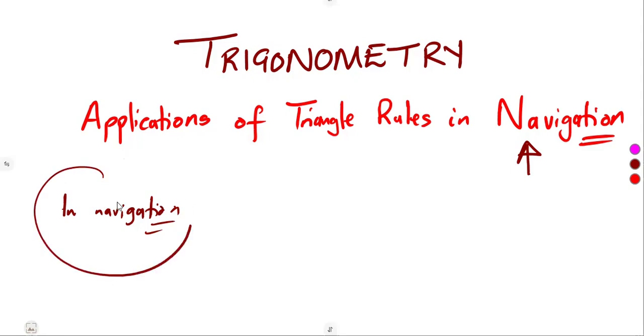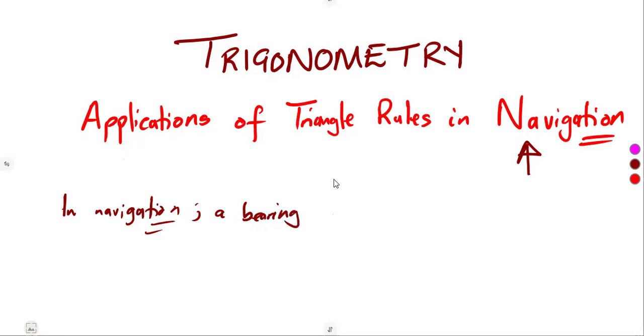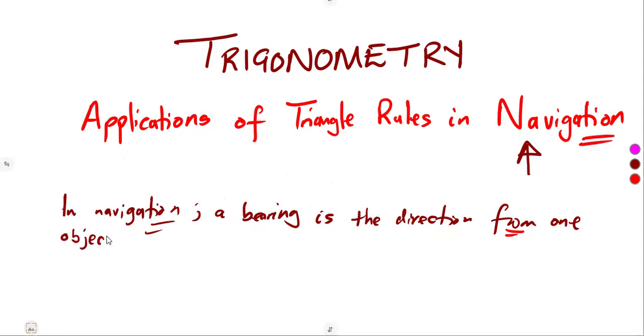So in the navigation concept, it's all about the bearing. All right, let me just write this one down. A bearing is in the direction from one object to another. Take note there, it's taken from one object to another.